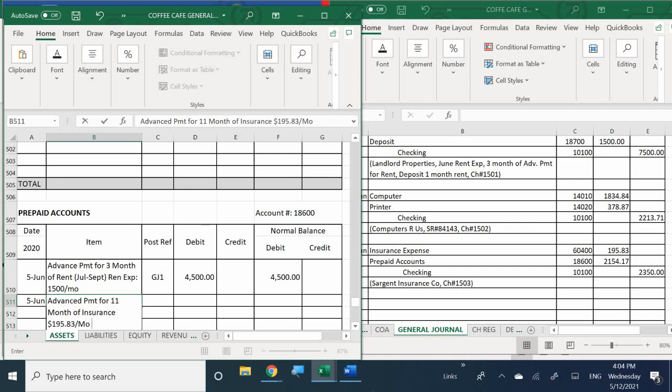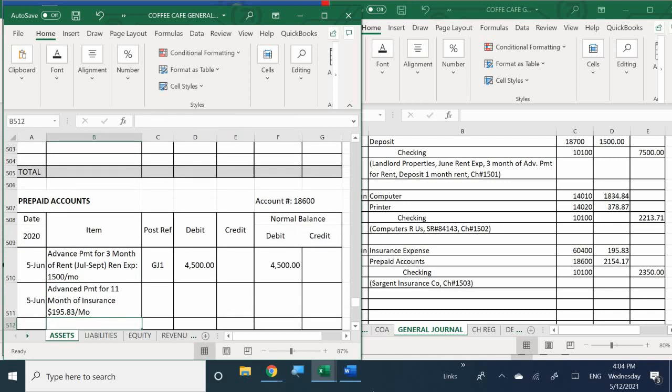Once again, General Journal number 1. And this time, I'm going to be adding my 2,154.17. So this is where we're making a second entry in our general ledger.